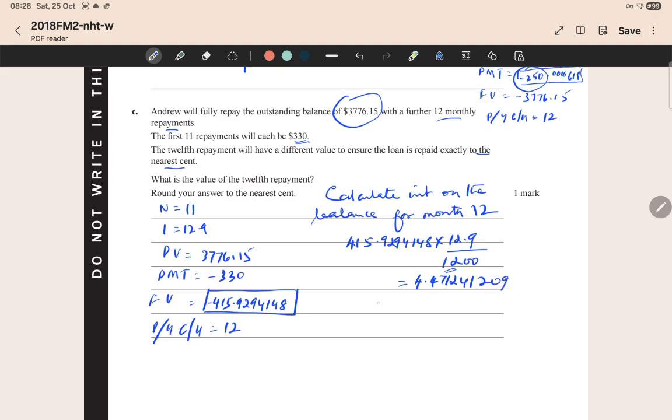And therefore you have to add these two values, which is this one has to be returned and the interest on it, and when you add them both you will get 420.400656, which is equal to approximately 420.40, and that's the value of the 12th repayment.